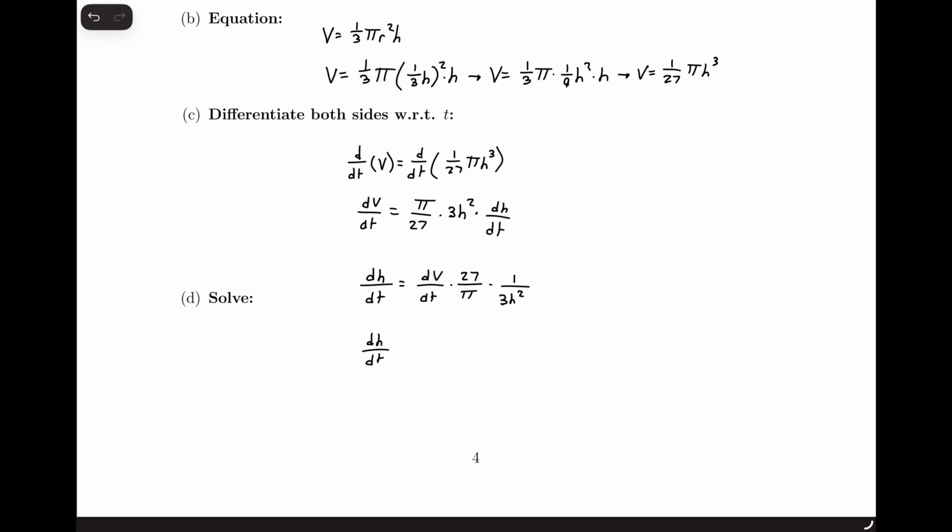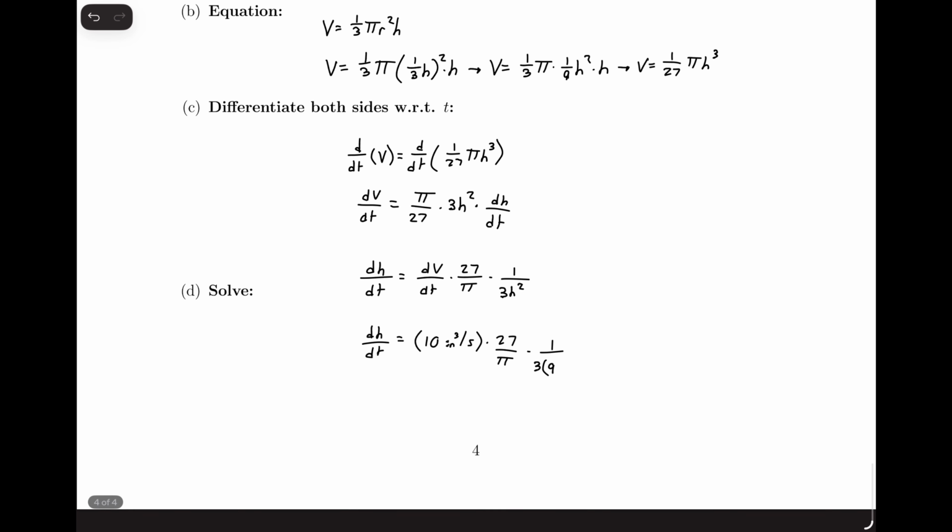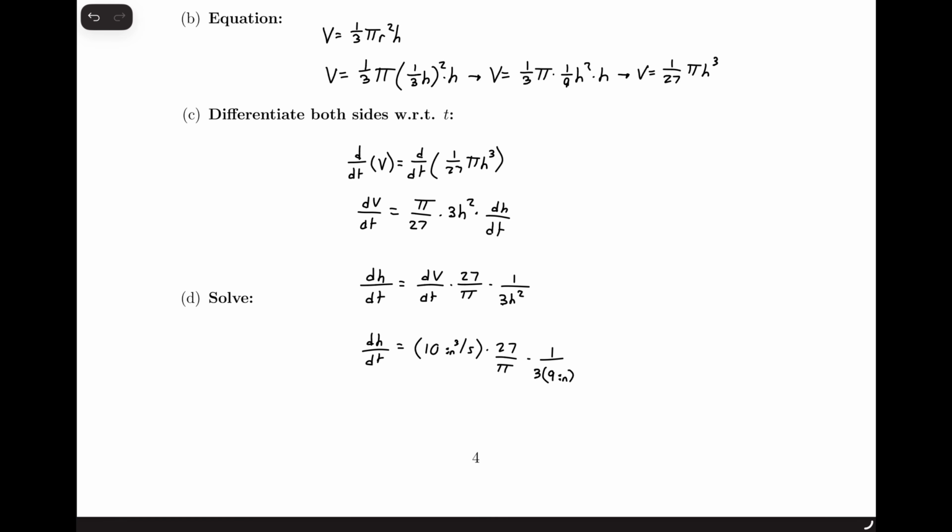And we know dV/dt, that is 10 cubic inches per second. 27 over pi, that's all unitless. And then 1 over 3h squared, where h is 9, right? Did I say 9? I did. 9 inches squared.